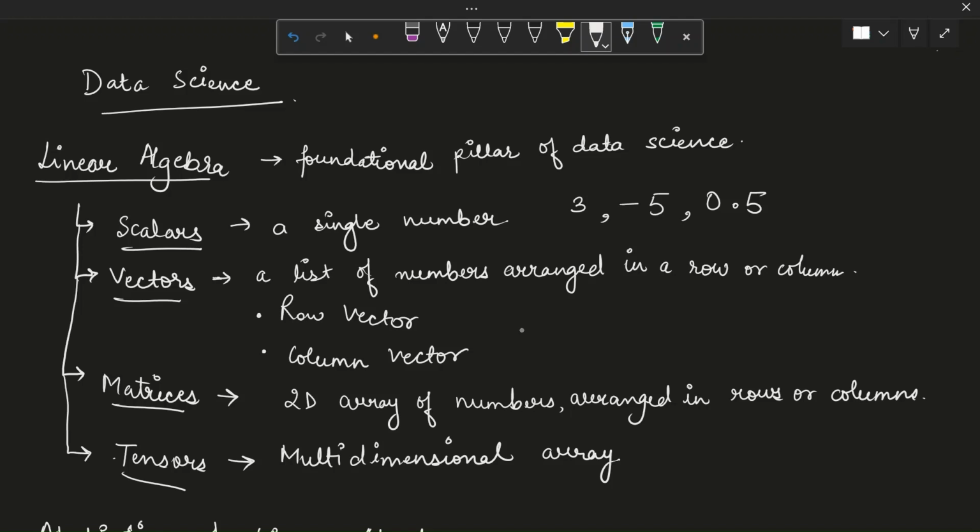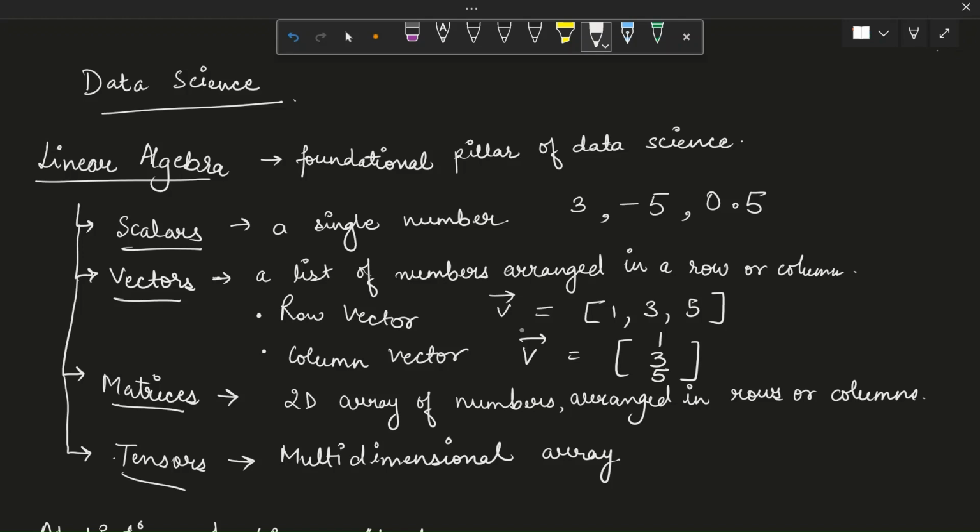For a row vector, the example could be v equals 1, 3 and 5. This is how you can represent a row vector. And for a column vector, we write 1, 3 and 5 in a column. This is how you represent a column vector.